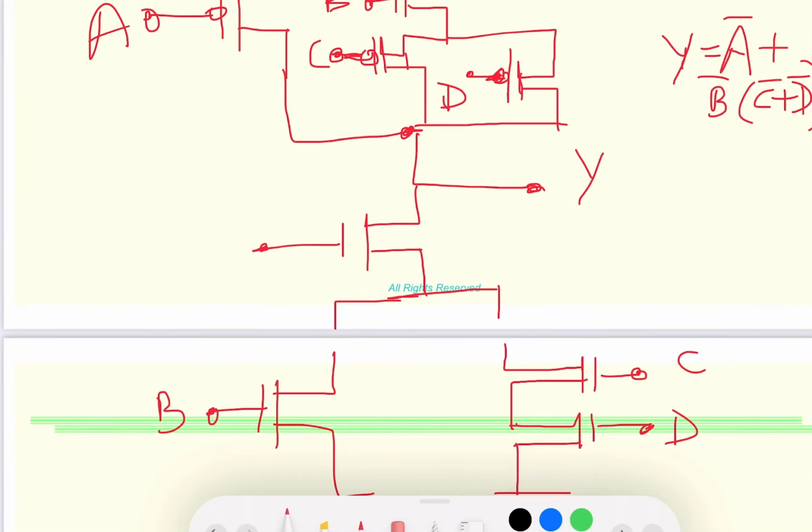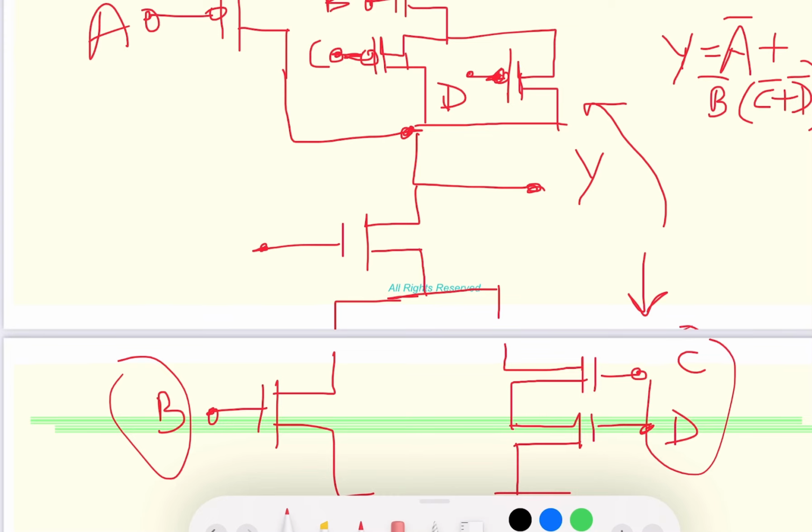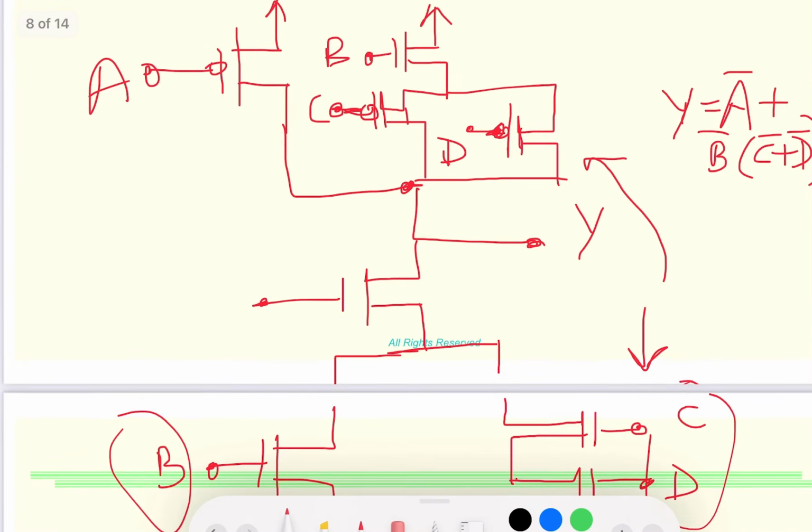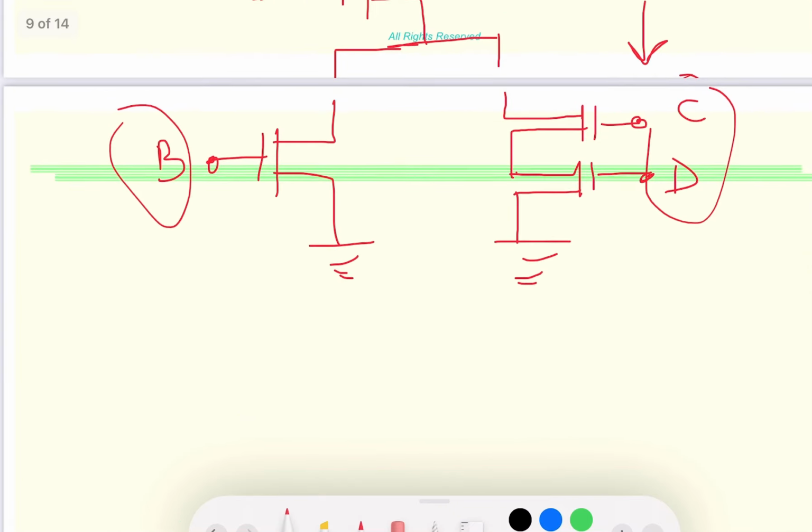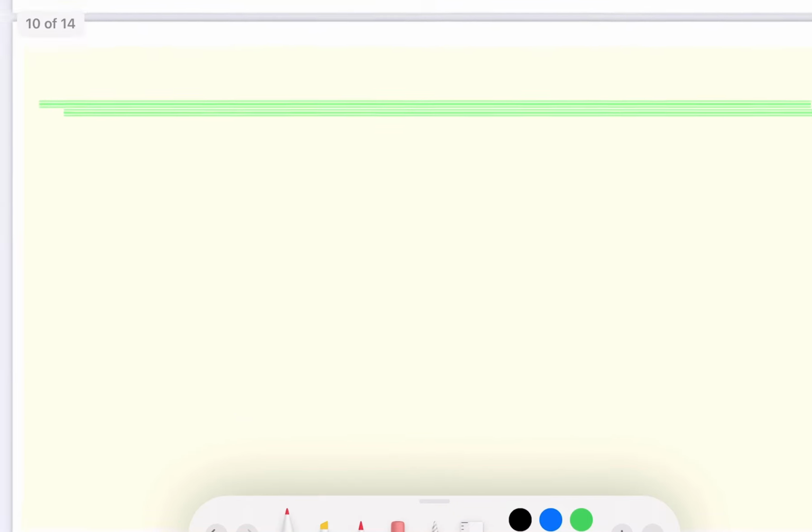So here we can see that C and D were in series, but here they were in parallel. Same with B, which was in parallel here, but in series with these guys. So hence there is a direct translation that's possible.